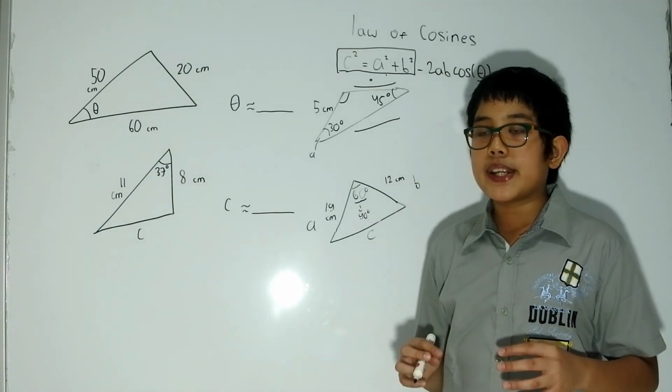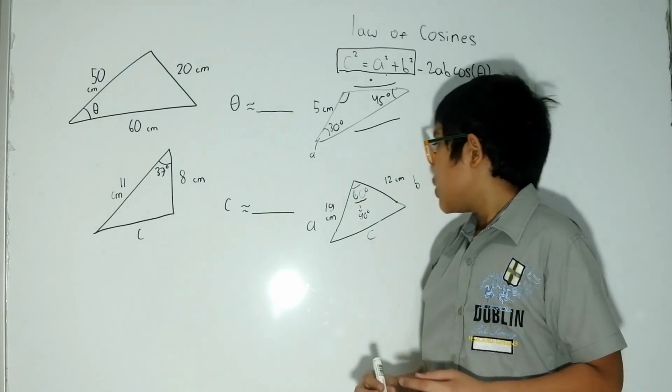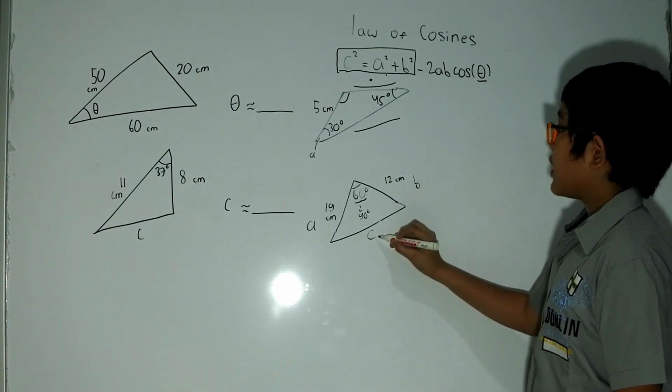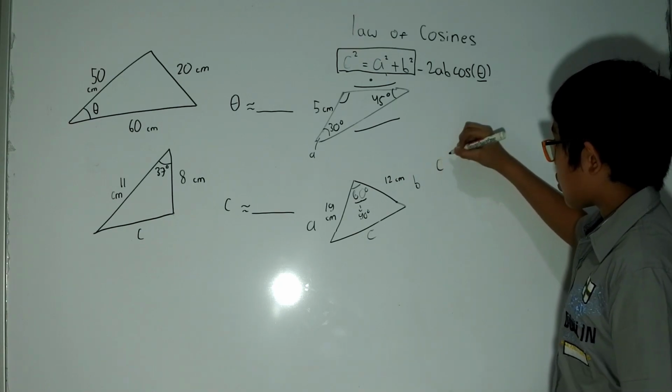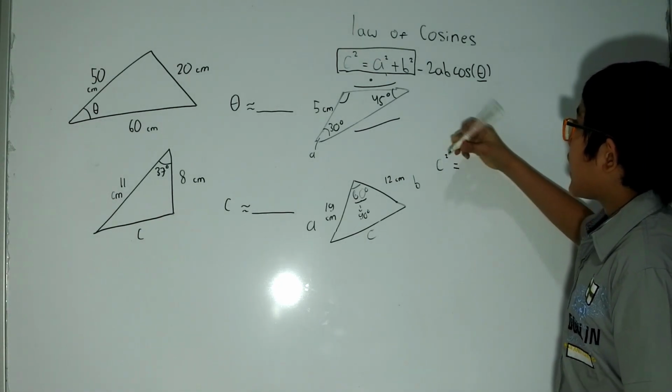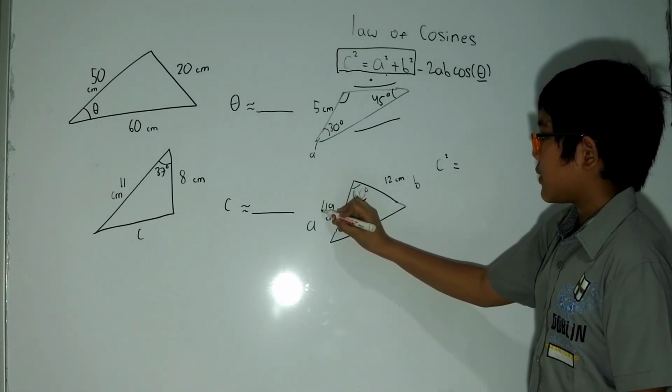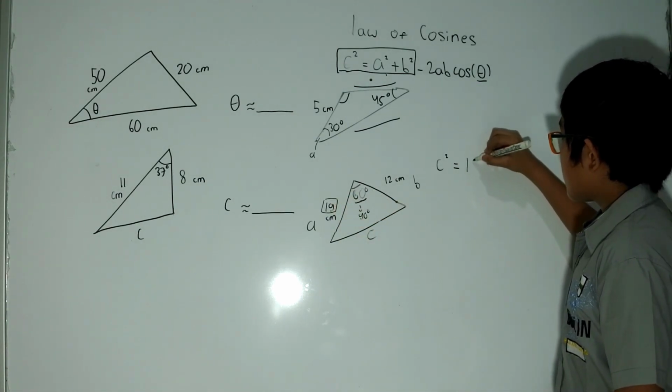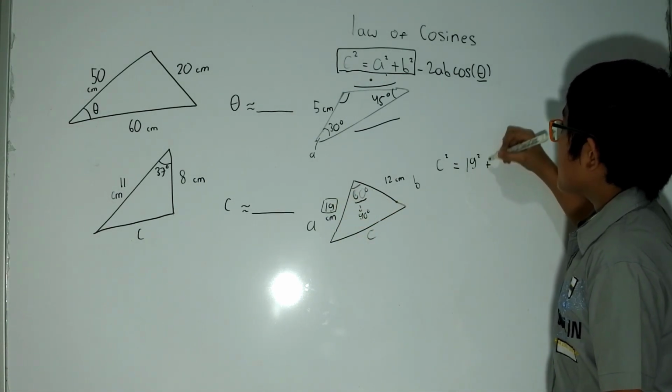So then, let's plug in our equation and our information. C squared is going to be our unknown. C squared is equal to A squared, which is just 19 squared, plus B squared.